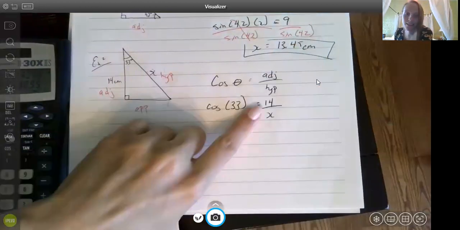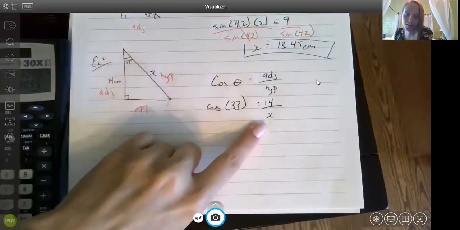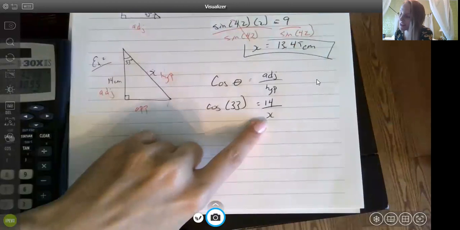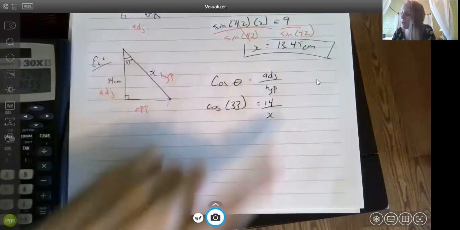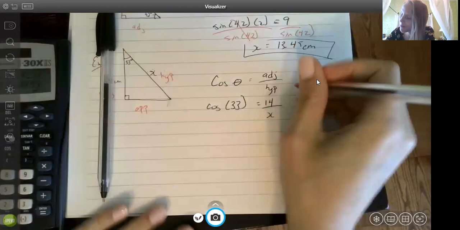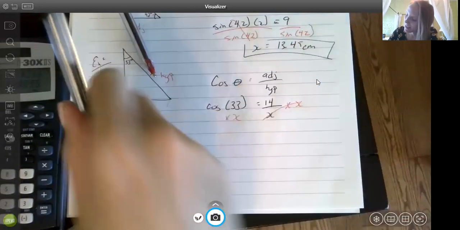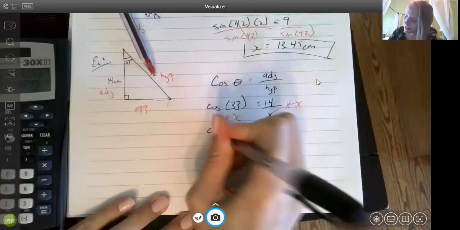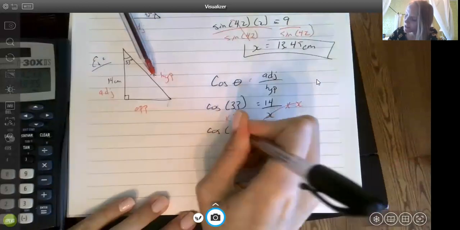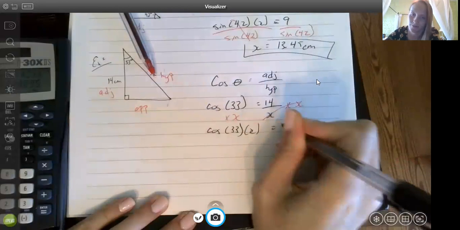Once again, the thing I'm looking for, my x, is on the bottom of the fraction, but it doesn't matter. The bottom has to be the thing that moves, so I multiply by x on both sides. That leaves me with the cosine of 33 times x equals 14.